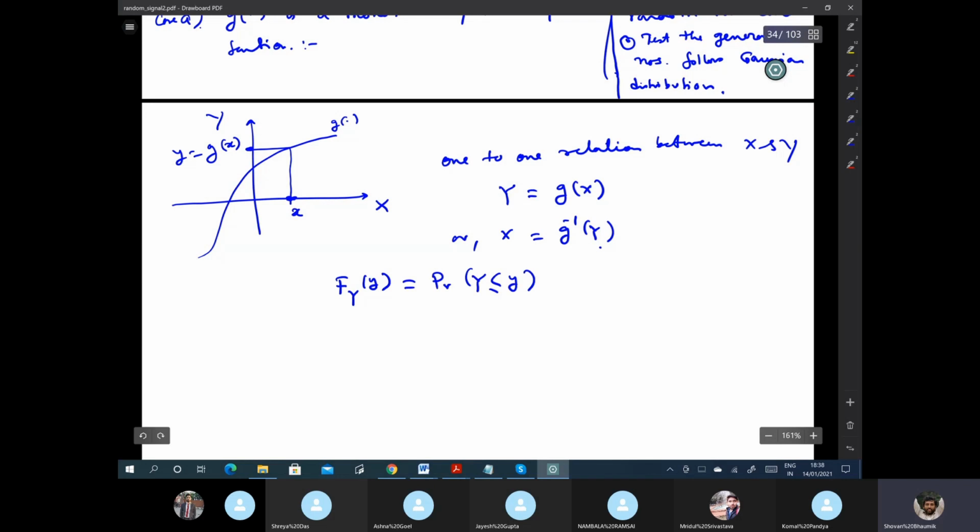It has a one-to-one relation, so the probability of y less than small y corresponds to the probability of g of x. Let's write this way.